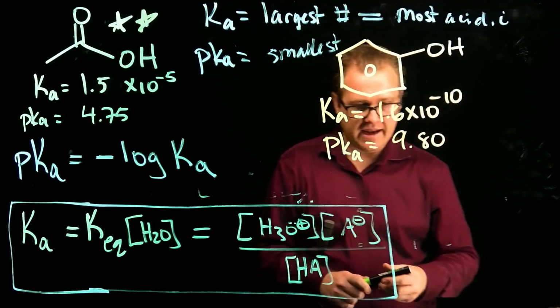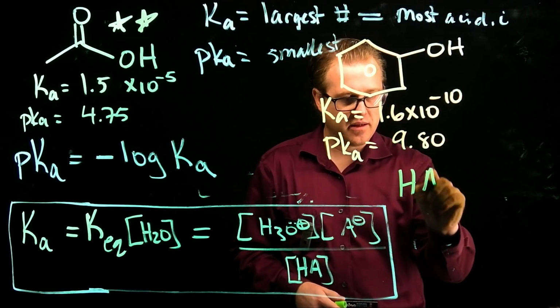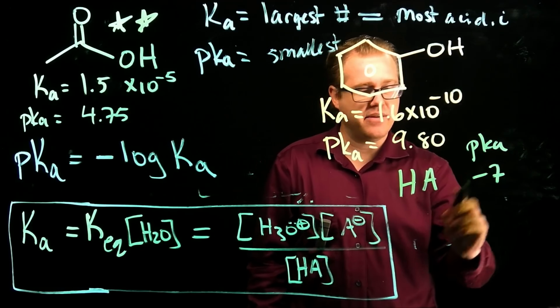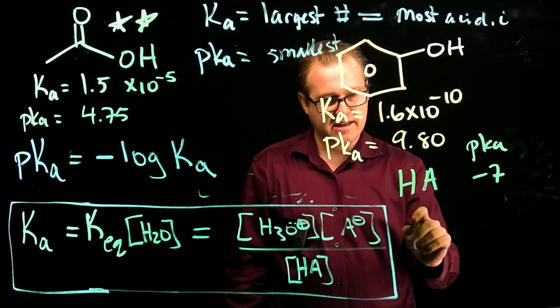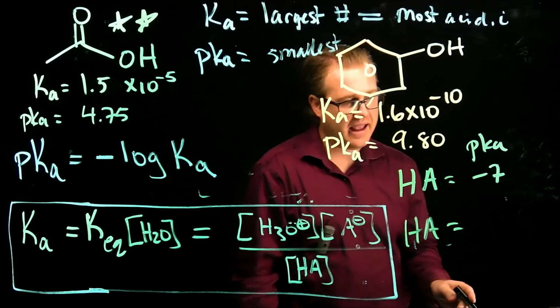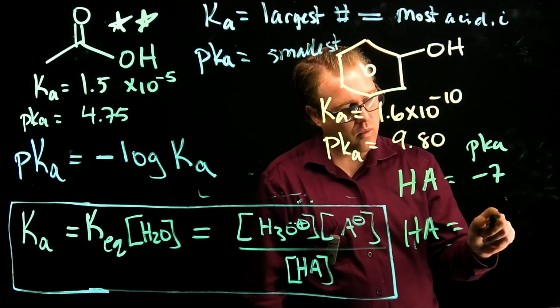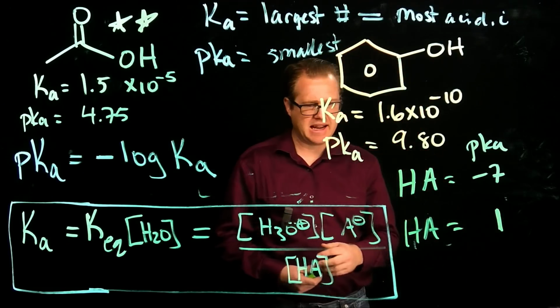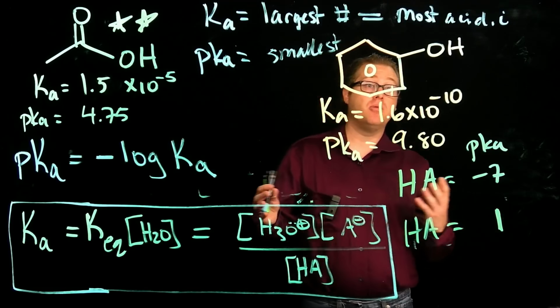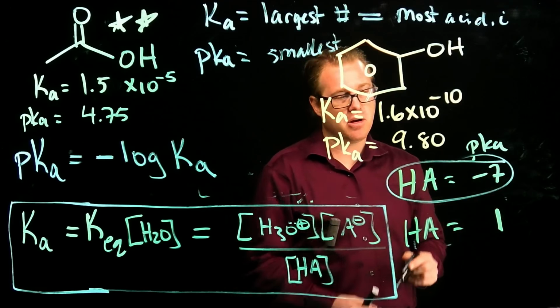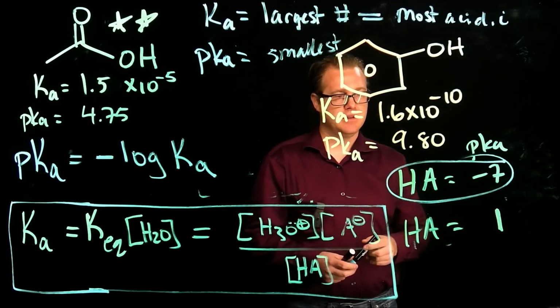So what if you had an acid with a pKa of -7 versus, let's say, another acid with a pKa of 1? What is the most acidic acid? Well, it's the one with the pKa with the smallest number, and that is the smallest number because it's negative.